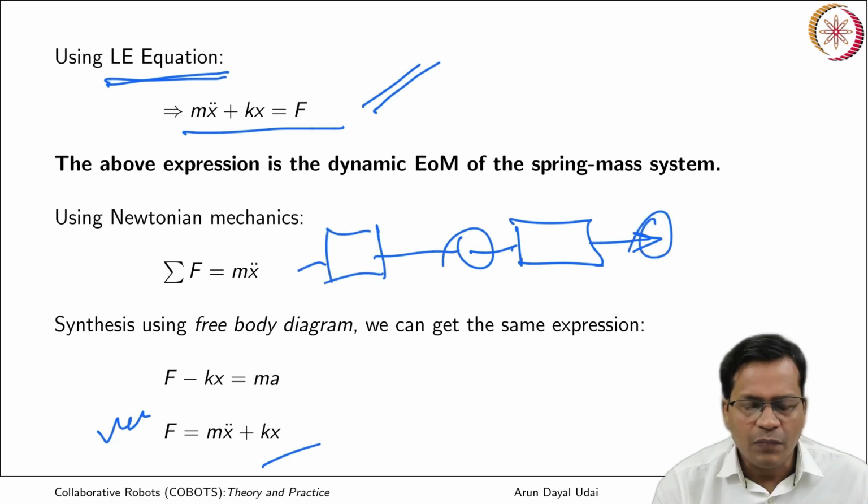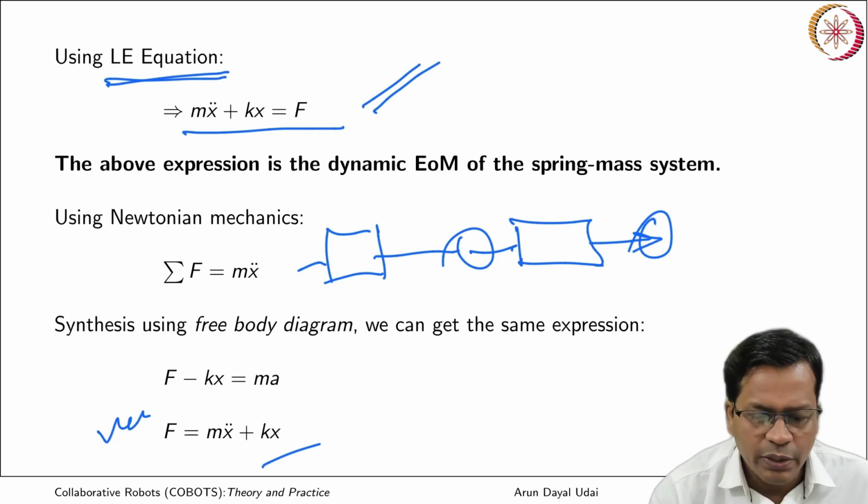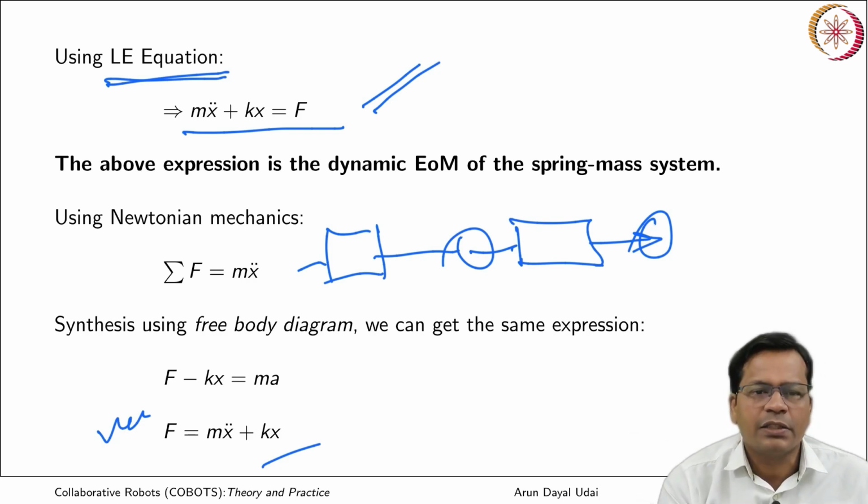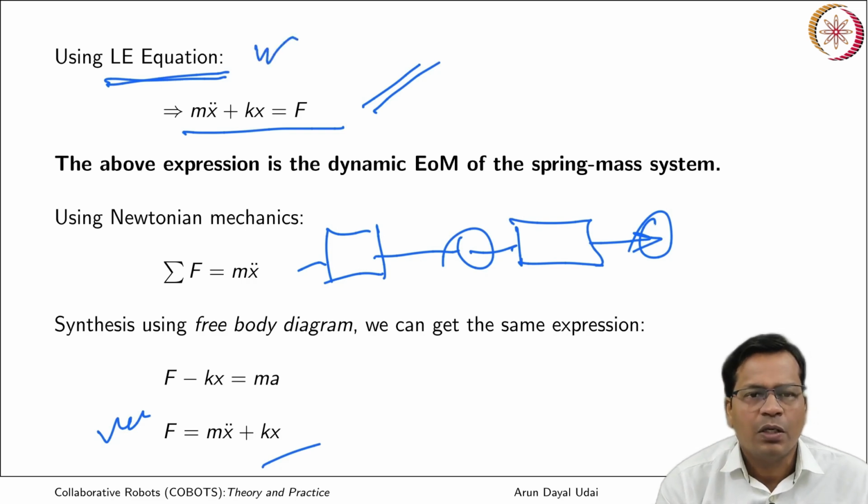You can directly use the displacements and the velocities to calculate the energy, take the derivative, and get the equation of motion. So, it is very simple. In case of a huge multi-body system, using Newtonian mechanics is very difficult, and LE becomes very much trivial. So, it is widely used in robotics as well for that reason.